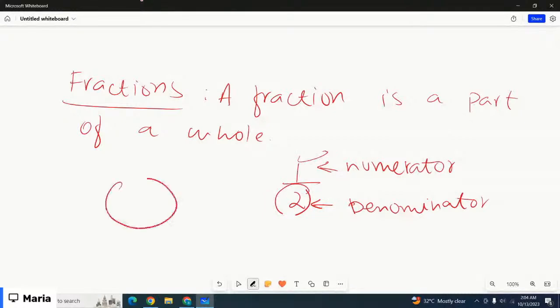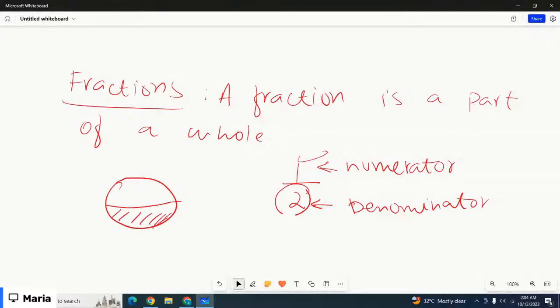That means it looks like this. You have a shape that has two parts, right? And one of them is colored. So you can say 1 out of 2. Got it? This is the very basic definition of the fraction. You can represent it as 1 out of 2. Got it?